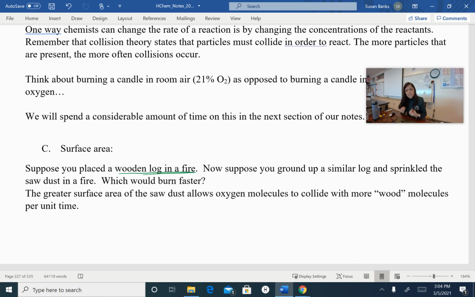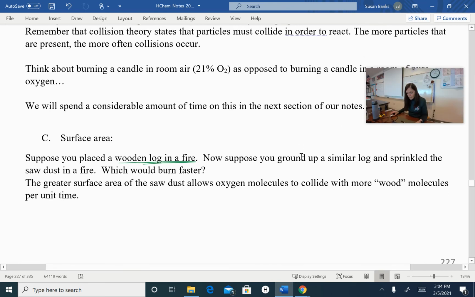Sawdust would actually create a fireball, okay? Because of the increased surface area, that allows it to react a lot faster. The greater surface area of the sawdust allows the oxygen molecules to collide with the wood molecules everywhere along that whole entire surface. So it makes it very, very combustible.